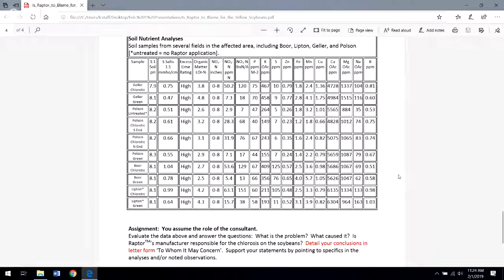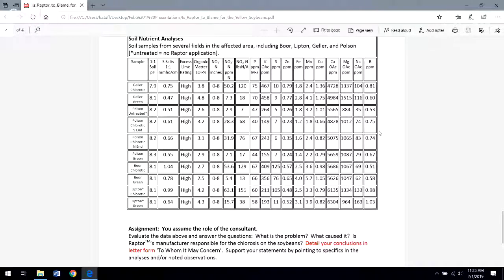Okay. So you say, okay, calcium is huge, so we know that that affects iron uptake. How come we have so much iron? Anybody? Well, it's what we call lime-induced chlorosis.